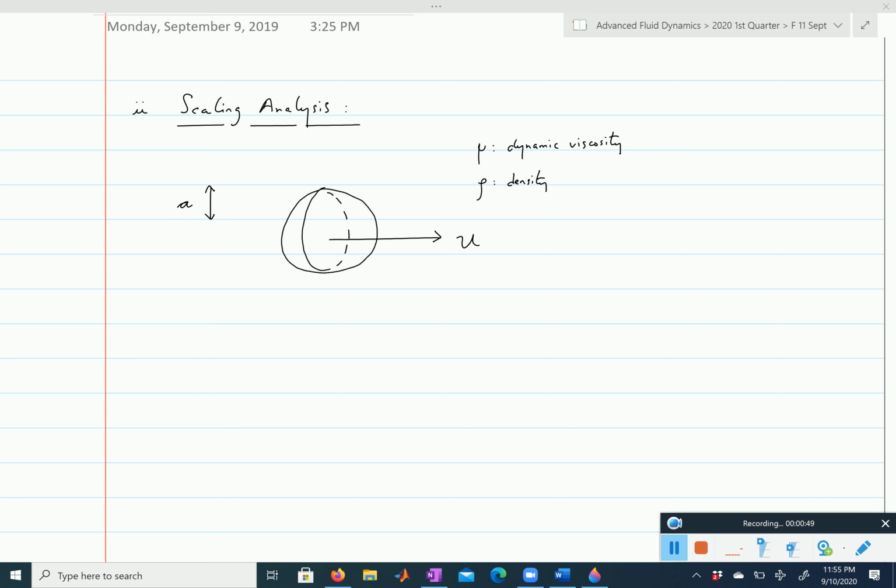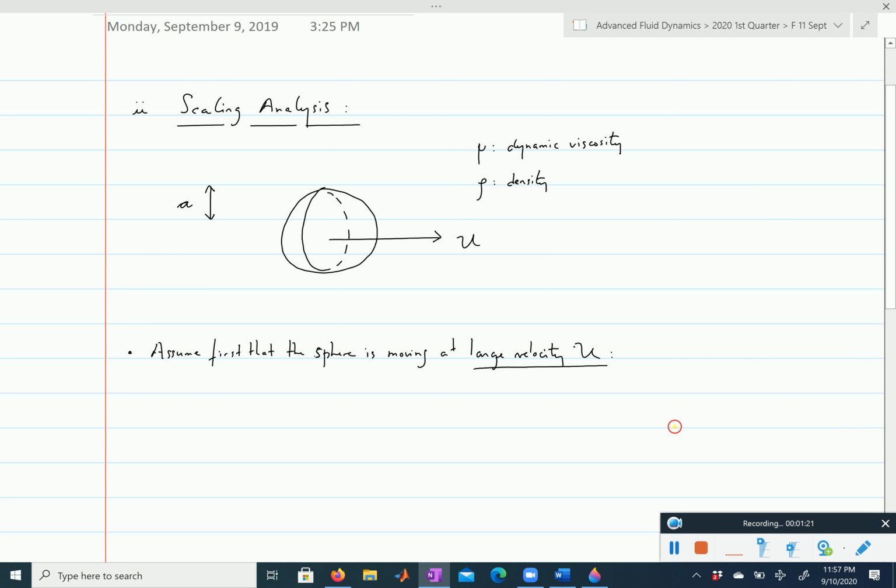So let's start by, we'll assume that we know a little bit about fluids already, and so you have some idea about the Reynolds number and some idea that perhaps things are a little bit different depending on the scale of the velocity, whether the sphere is moving really fast or whether it's moving really slow. So let's assume first that the sphere is moving at a large velocity.